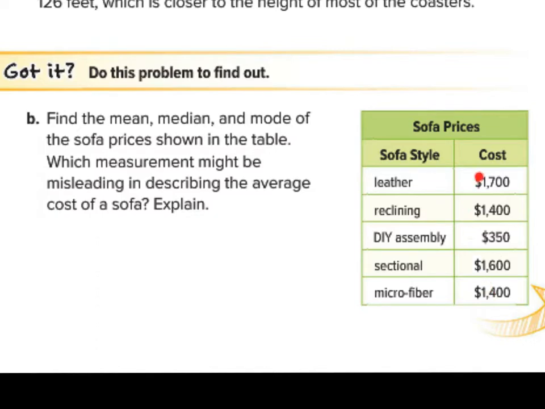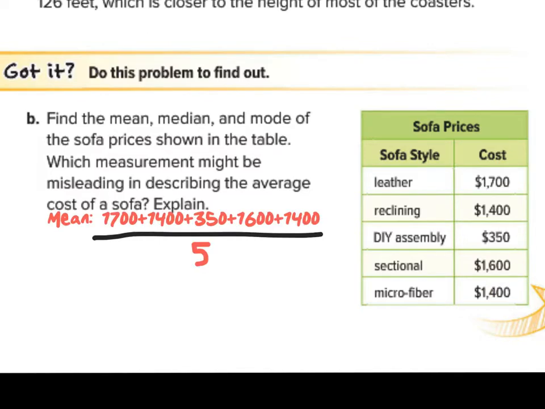So what they can do is to show that their prices are the lowest, or that their average price is much lower than these other prices, they could find the mean of all these. Now, how do we do that? Well, we add up all the numbers, 1,700, 1,400, 350, 1,600, 1,400, and then we divide it by the number of numbers. There's 5 of them, 1, 2, 3, 4, 5.